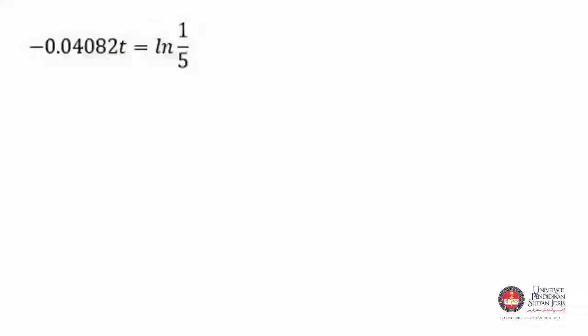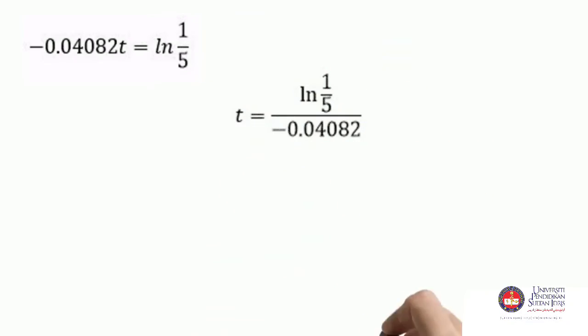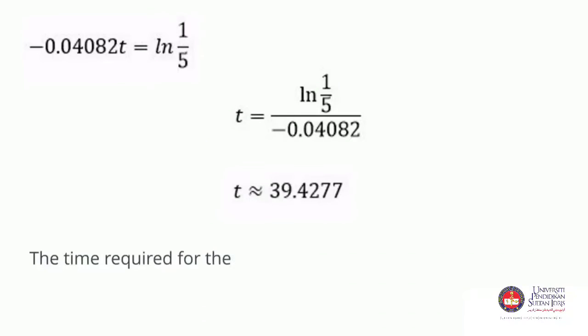And we divide by negative 0.04082 on both sides and we get t equal to 39.4277. Then, the time required for the metal bar to reach 85 degrees Celsius is 39.43 minutes.